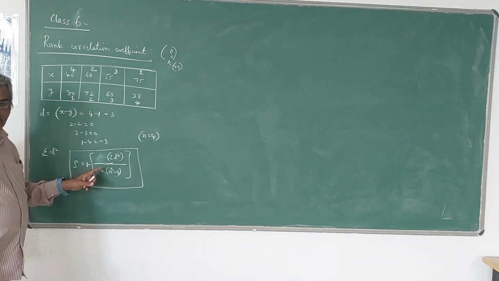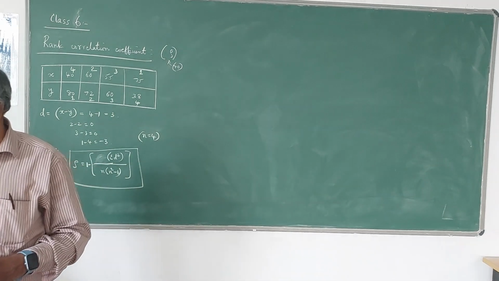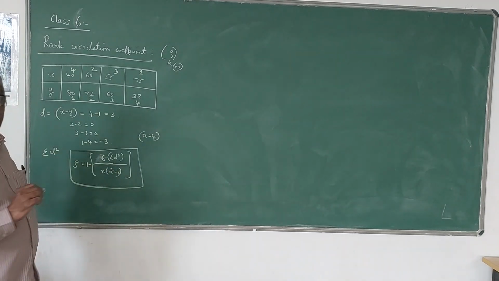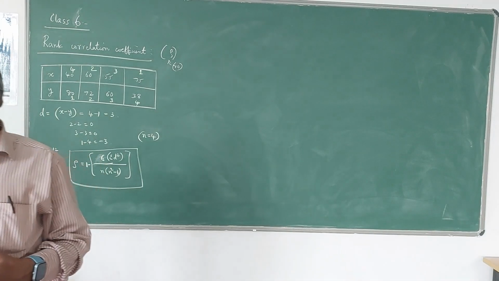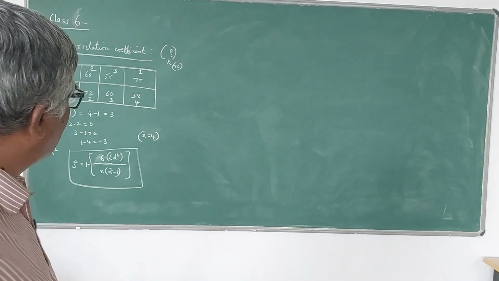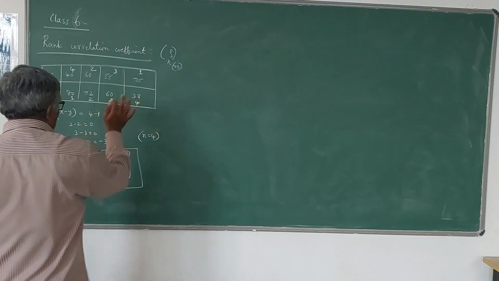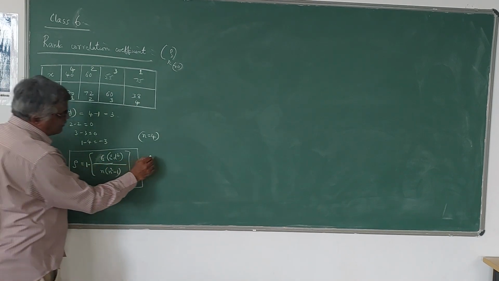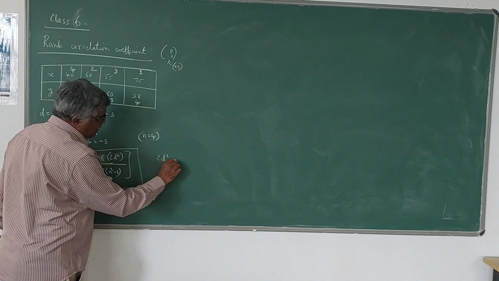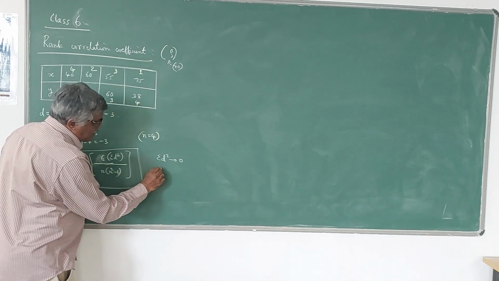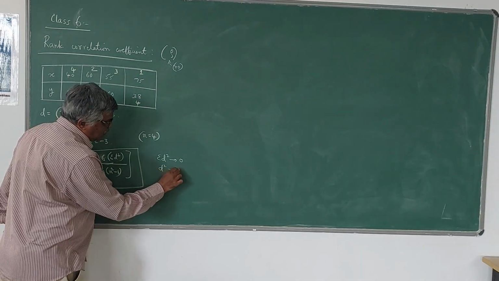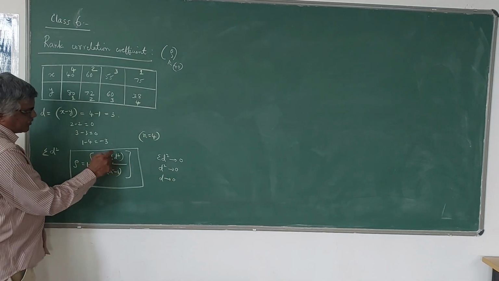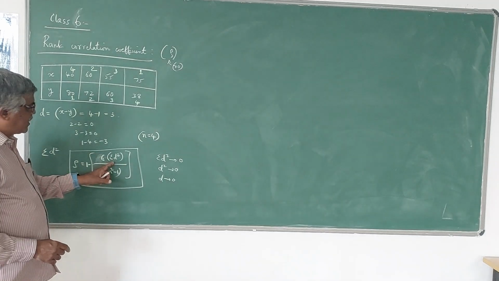After getting sigma d square, we find 6 times sigma d square divided by n into n square minus 1, where n is the number of observations, here 4. If the value of sigma d square approaches 0, or d approaches 0, then the numerator 6 into sigma d square becomes 0.